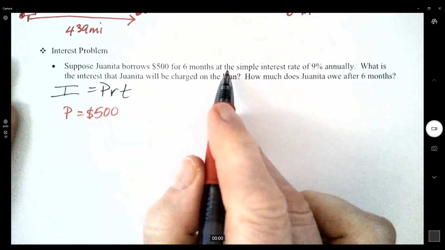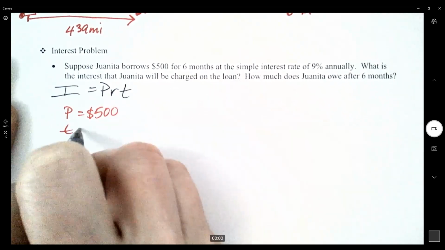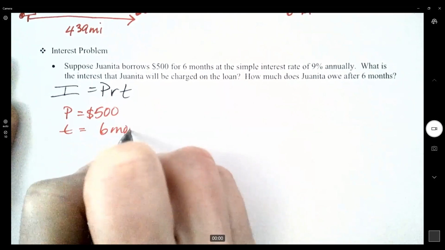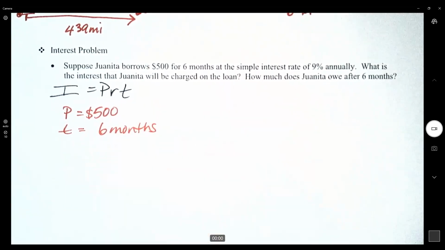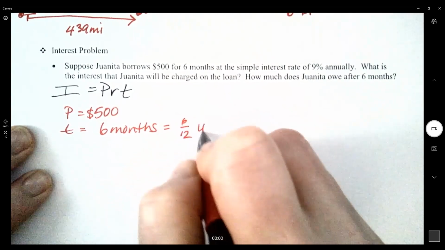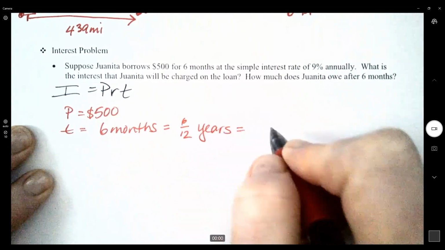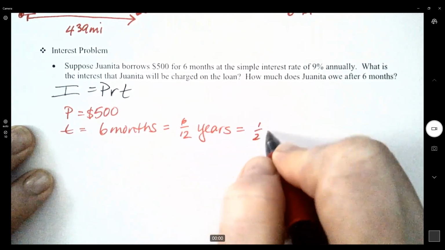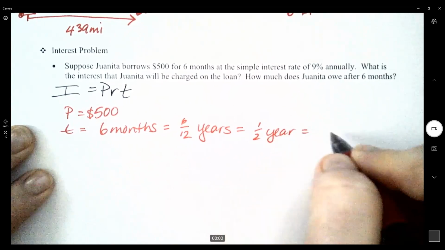I know the time frame is 6 months. But generally, time should be written in years. So we don't want to leave time in terms of months. We want to write time in terms of years. So we're going to write this as 6/12 years, which obviously is a half of a year. Or you could call it 0.5.